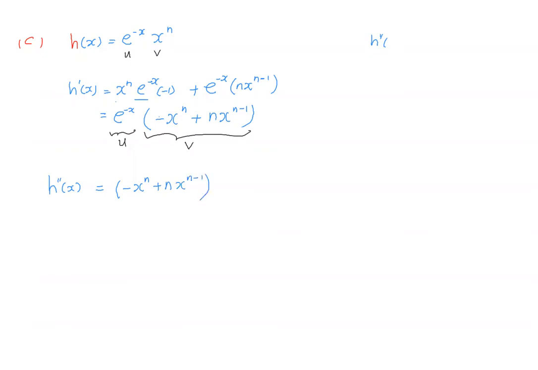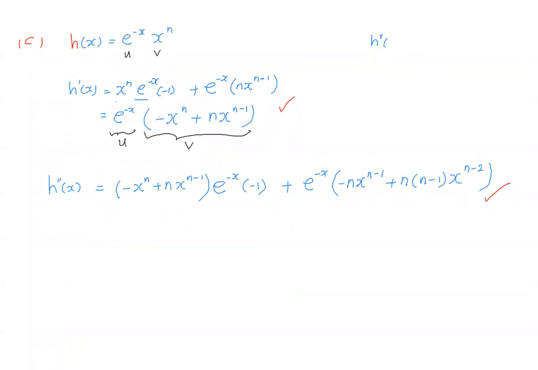Then u prime, plus u v prime. So bring down the power, take away 1, plus, and multiply by the power take away 1. So that's all. You see, I give you 3 marks for that. You get this right, 1 mark. Get this right, 1 mark.